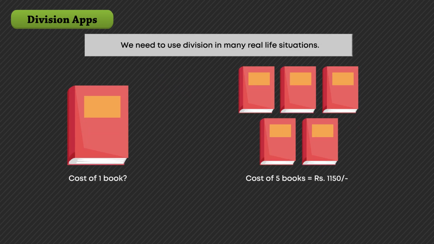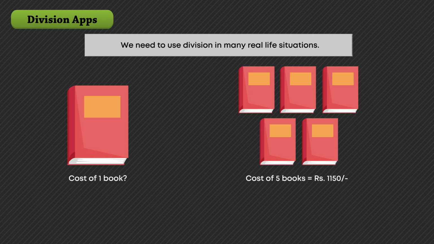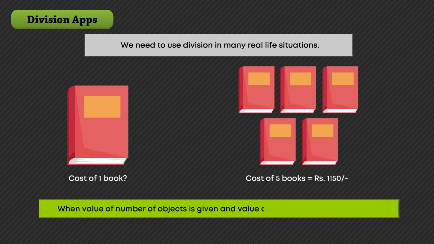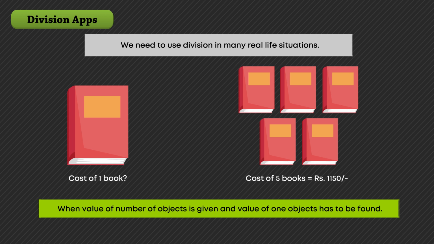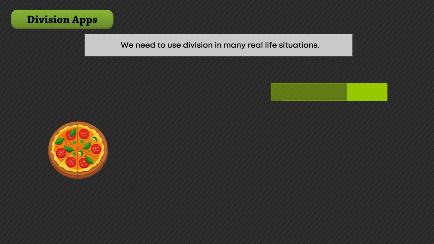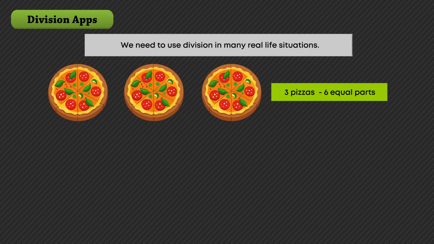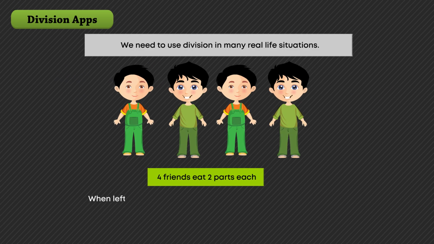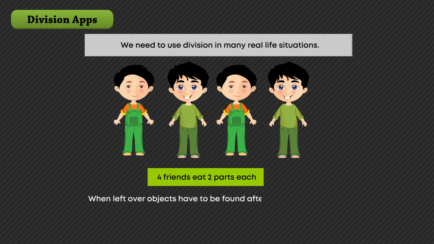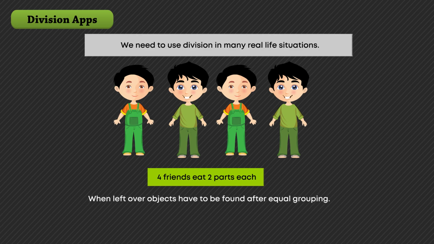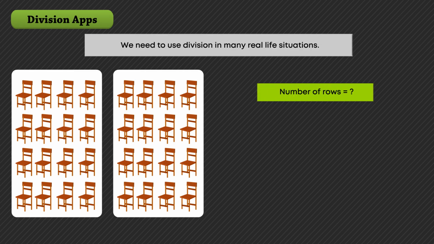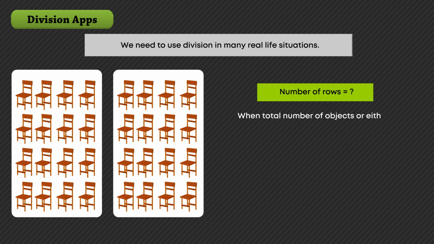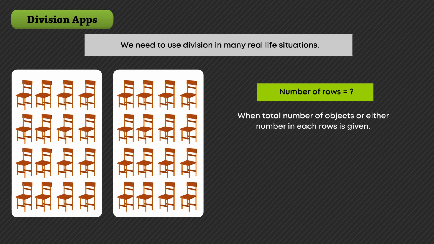Cost of 5 books is equal to 1150 rupees, when the value of a number of objects is given and the value of one object has to be found. 3 pizzas, 6 equal parts. 4 friends eat 2 parts each, when leftover objects have to be found after equal grouping. Number of rows, when the total number of objects or the number in each row is given.